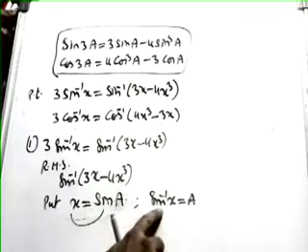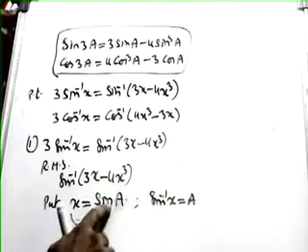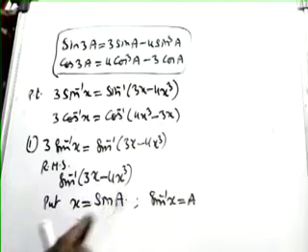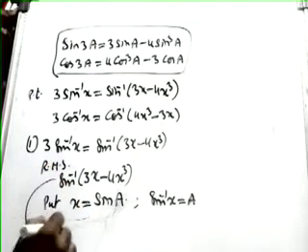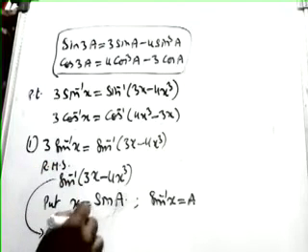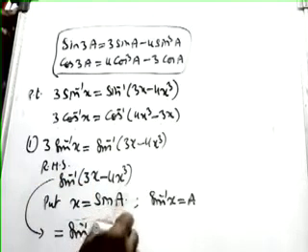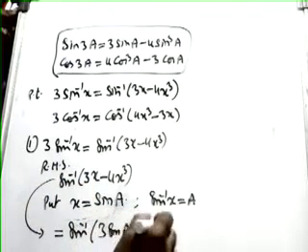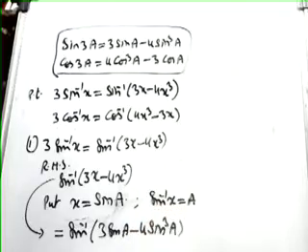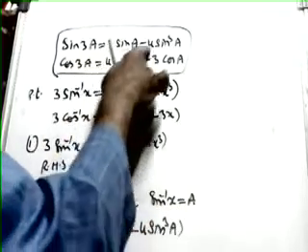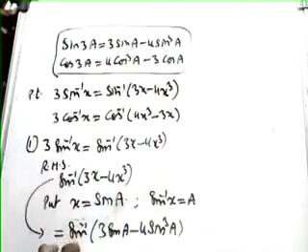How to find A? Bring this sine here, it will be inverse: sine inverse x equals A. Now substitute this here. What will happen? Sine inverse of 3 into x, where x we supposed as sine A, minus 4 x cube, which means sine cube A. Just now I explained this: 3 sine A minus 4 sine cube A is sine 3A.